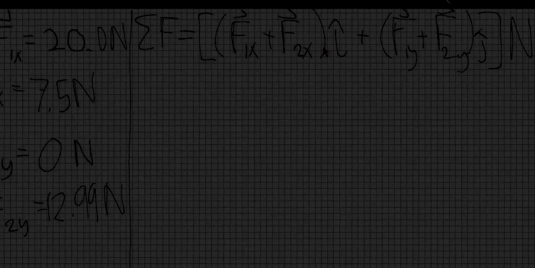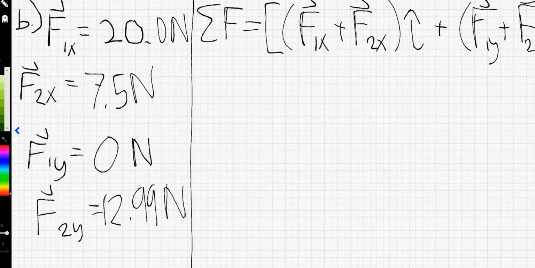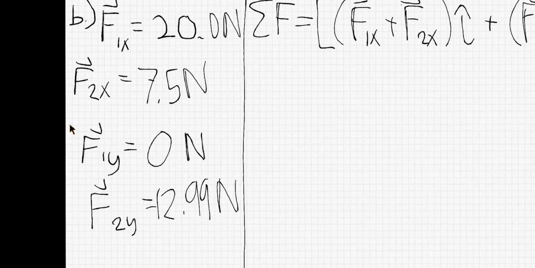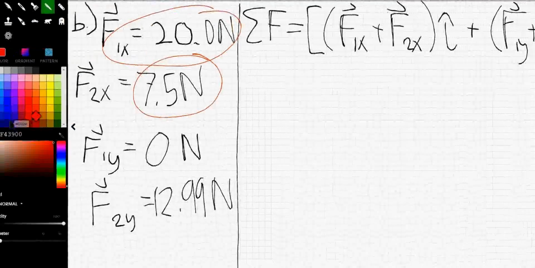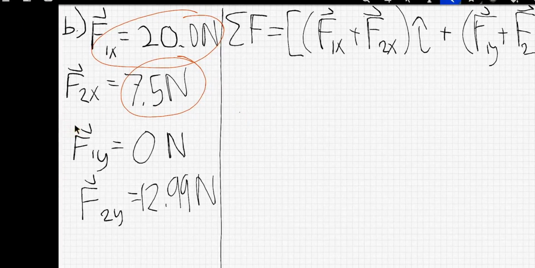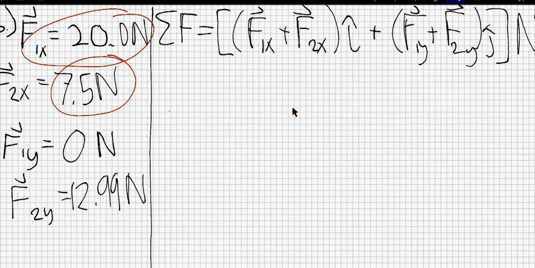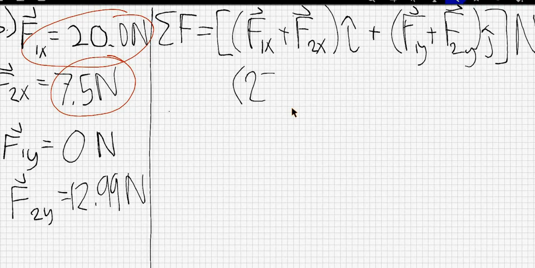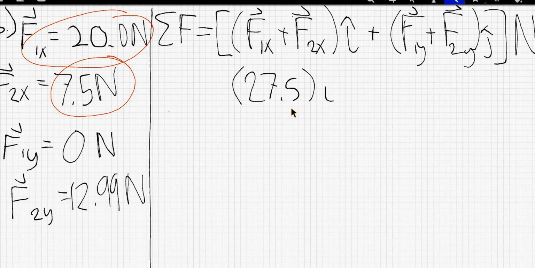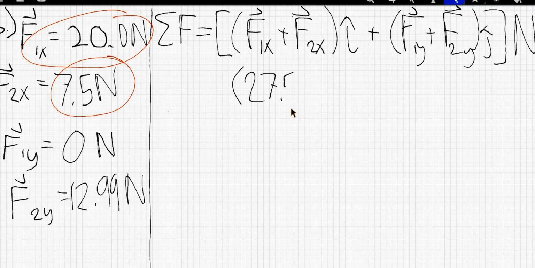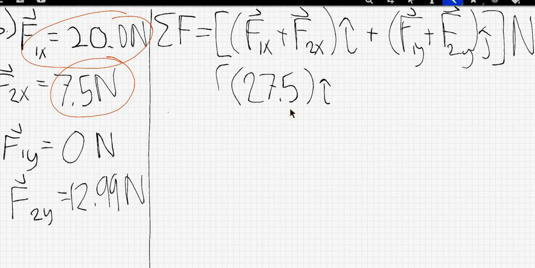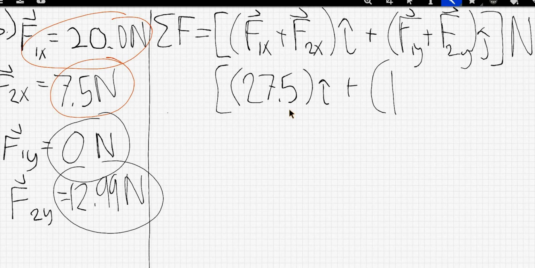So if you add F1x, which is 20 newtons, and F2x, 7.5 newtons, we get an i component of force equal to 27.5, and the y component, which is 0 plus 12.99, will equal 12.99 in the j direction.